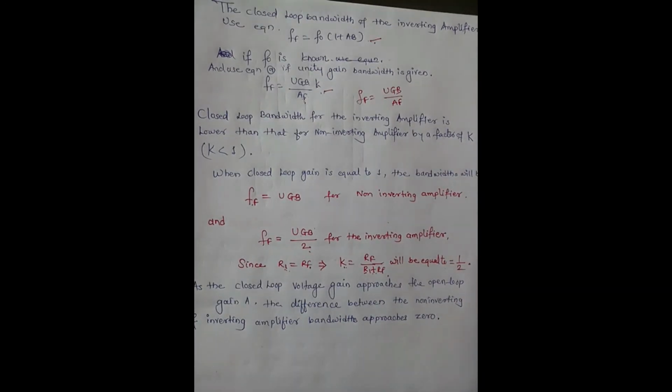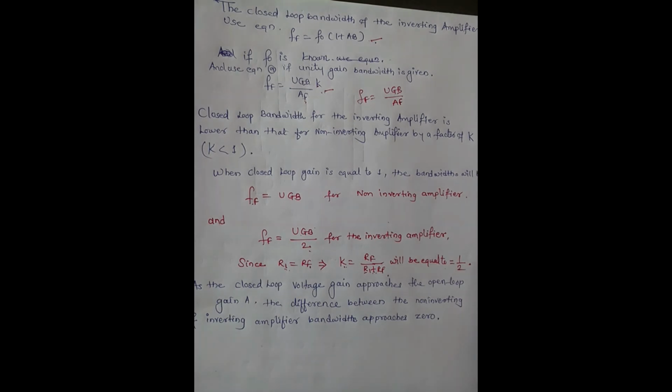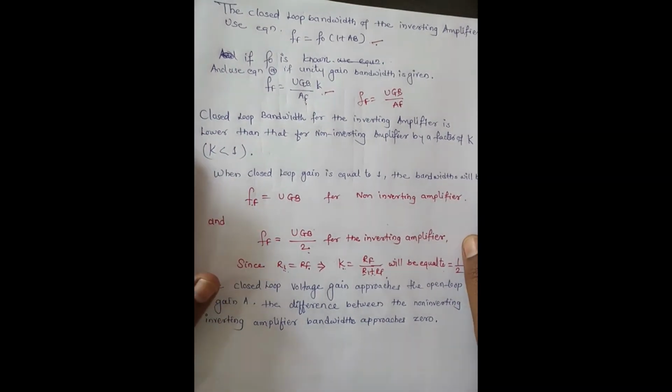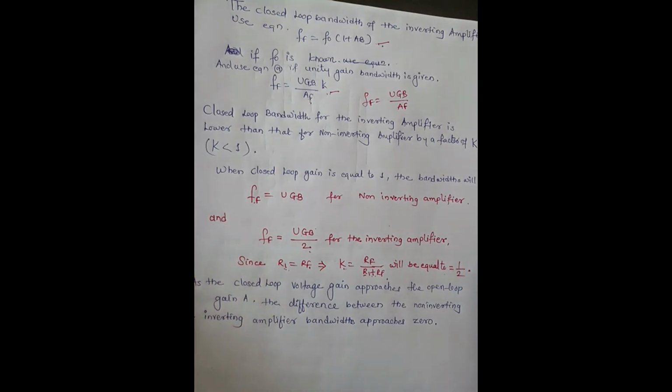So this is what we have seen about the bandwidth of both amplifiers, that is the inverting amplifier as well as the non-inverting amplifier, and how the different gain factors affect these bandwidths. When we are designing for a larger bandwidth we can go with the non-inverting amplifier, as the non-inverting configuration will have a larger bandwidth than the inverting amplifier, which is the voltage shunt feedback amplifier.